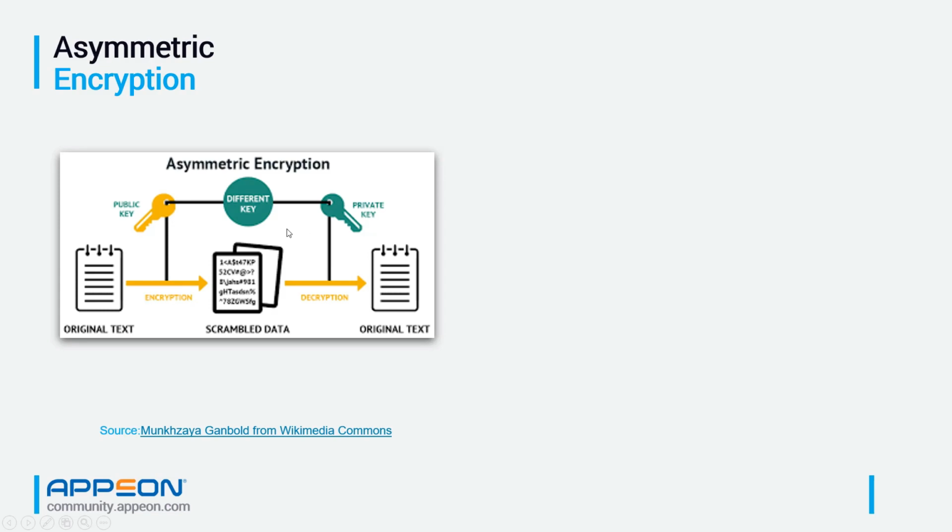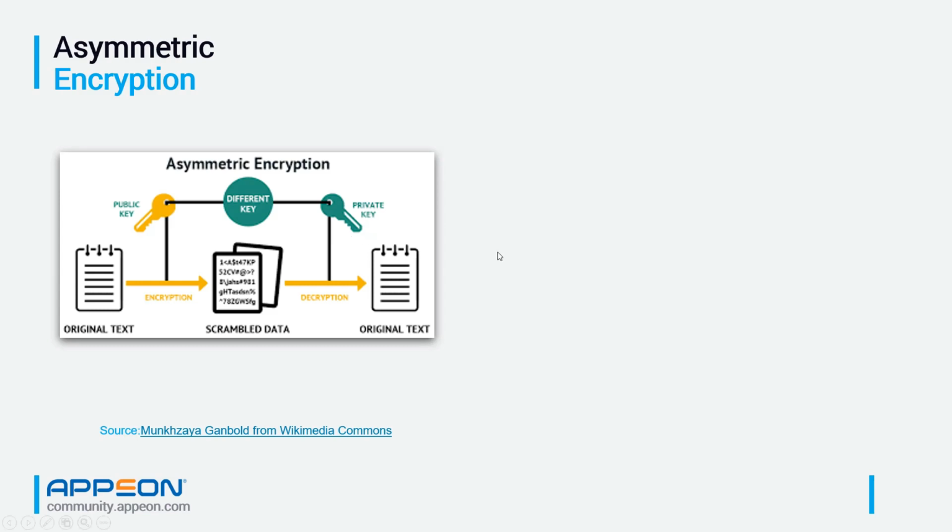There are 2 keys: a public key and a private key. So you actually have to generate these, or obtain them from somebody who generates them, because the private key has to be able to decrypt the data that's encrypted by the public key. So there's an algorithm you need to run in order to generate this key pair.